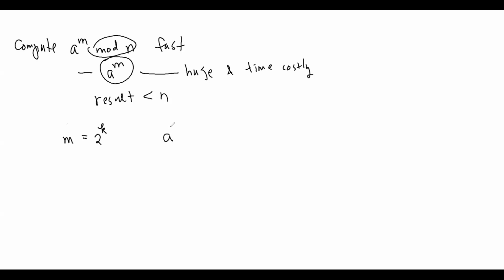Then a to the m mod n is equal to a to the 2 to the k mod n. This can be written as a squared mod n, squared mod n, and you keep squaring.